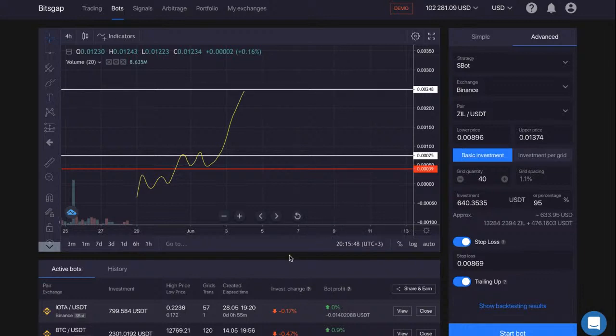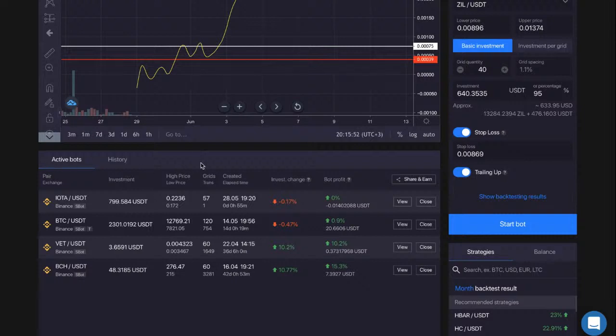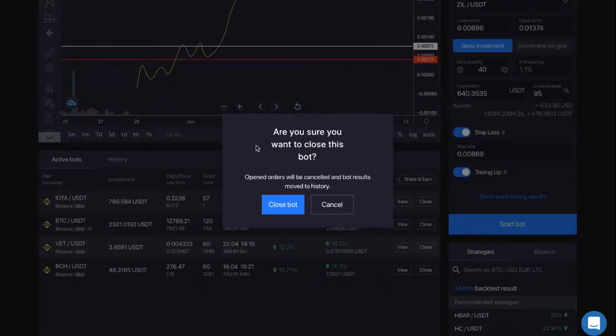So there is a question on how to close the bot. Let's close this one, trading to USDT, and if I click on close, it's going to ask, are you sure you want to close this bot? Pretty straightforward. Open orders will be cancelled and bot results move to history.